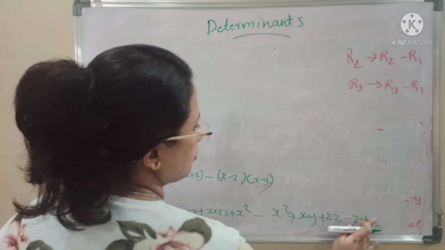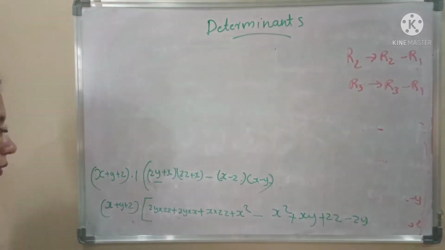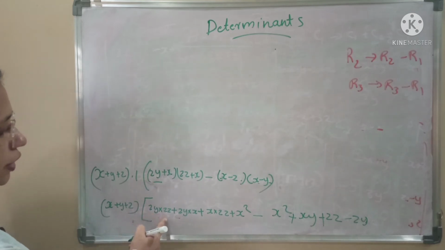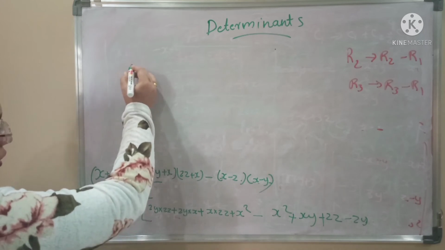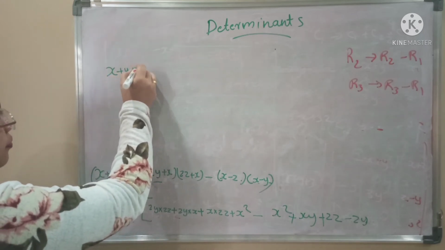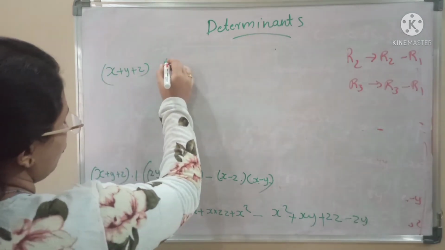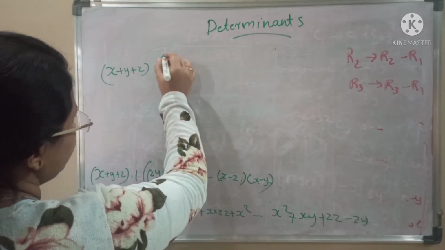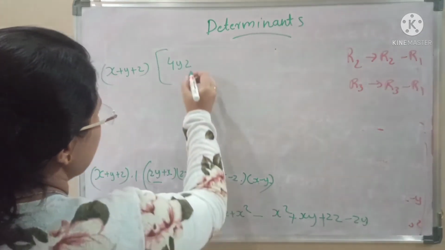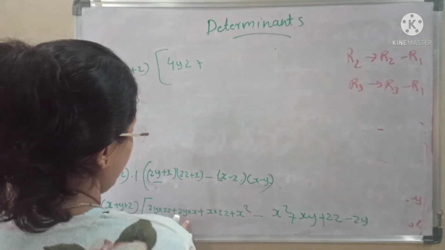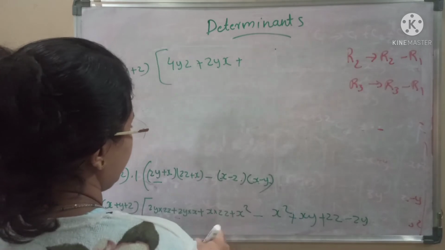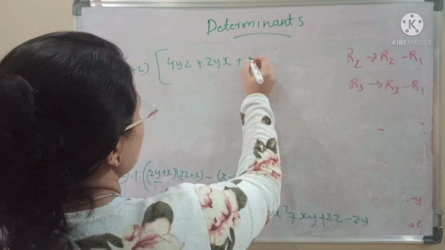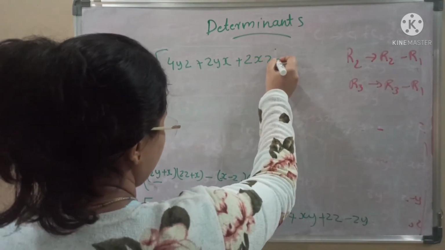So from here, 2y into 2z will be 4yz, plus 2yx plus 2xz plus x square.